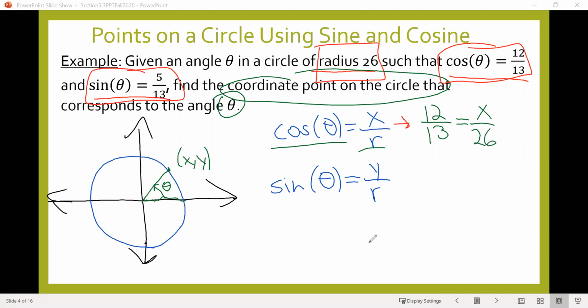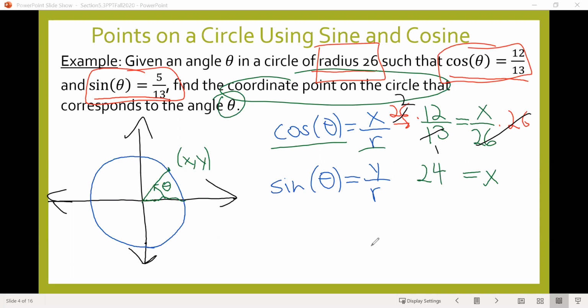Then we can solve for x by multiplying by 26 on both sides. That will isolate our value for x. We can do some fraction reduction here, this will become a 1 and a 2. So it looks like we get x equals 24.